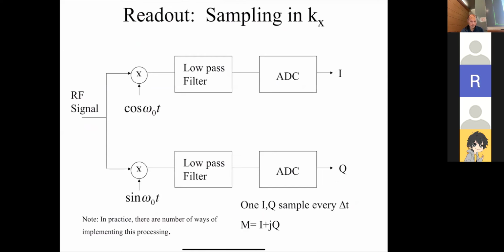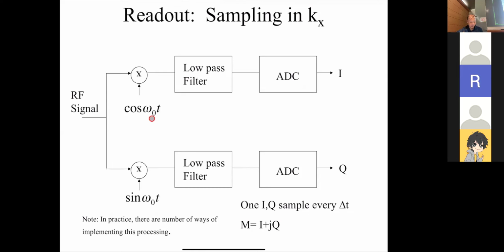So let's talk a little bit about how the sampling is done in KX, okay? The sampling is done in KX simply by, as the signal is coming in, you're just digitizing it and storing it. So it's basically just done for you. So the sampling in KX is just intrinsically done that way.